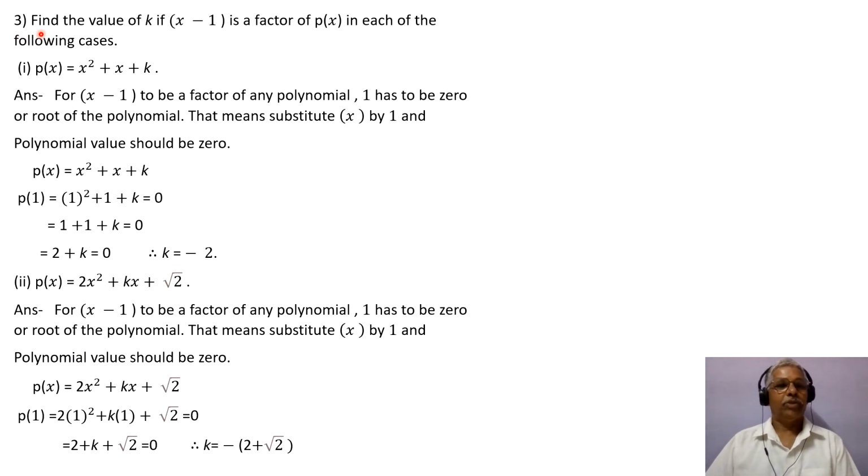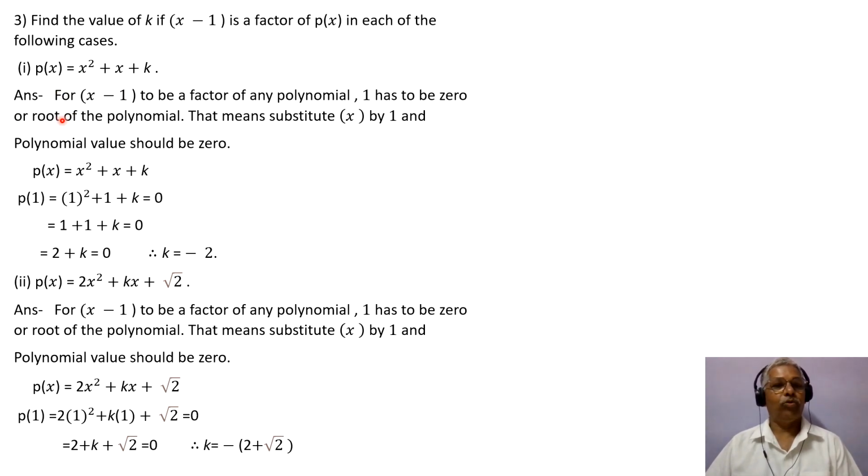Now the third one. This is similar, on a similar basis, but in a little different way. Find the value of k if x minus 1 is a factor of Px in each of the following cases. Here, first one, we have to find the value of k. k will be somewhere here, and if this is a factor, then we see Px is equal to x square plus x plus k.